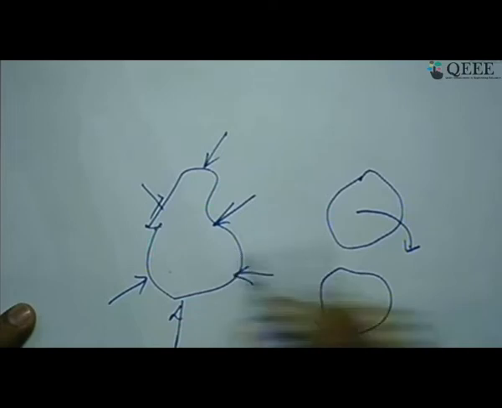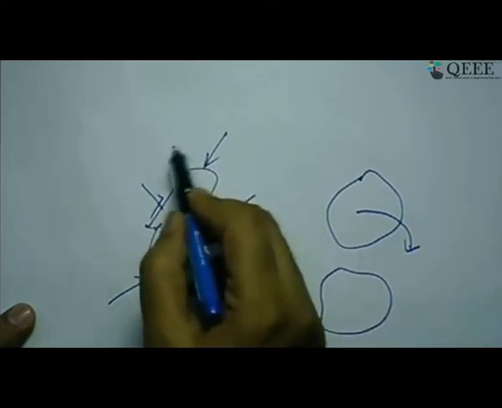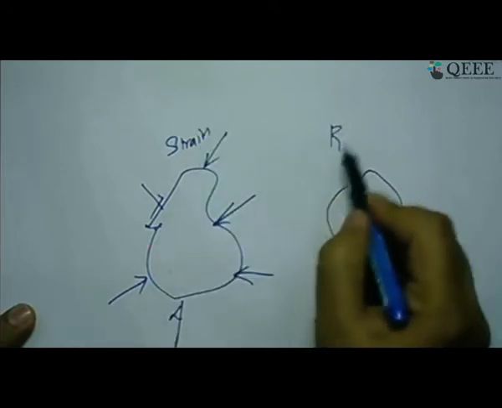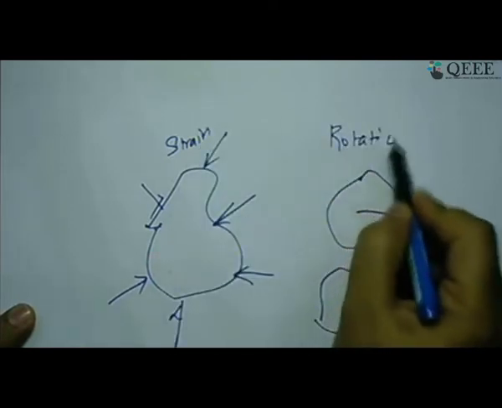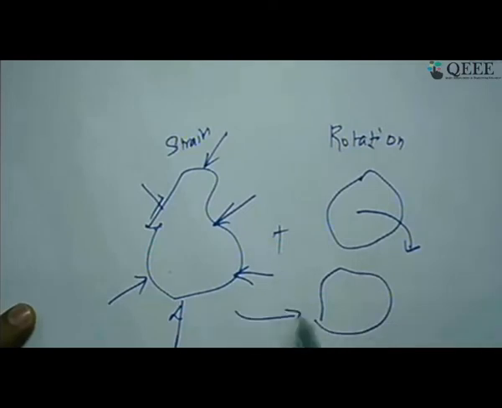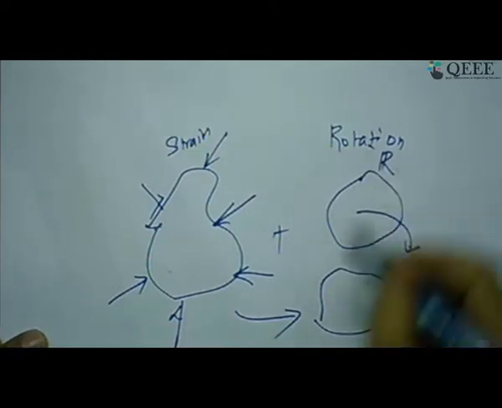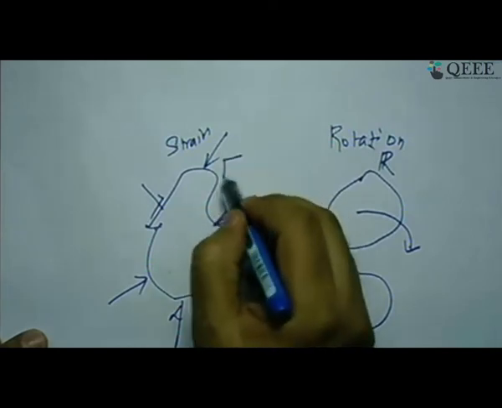So this is strain and this is rotation. These two put together give me this. P is the general deformation in our definition, R is the rotation, and E is the strain.